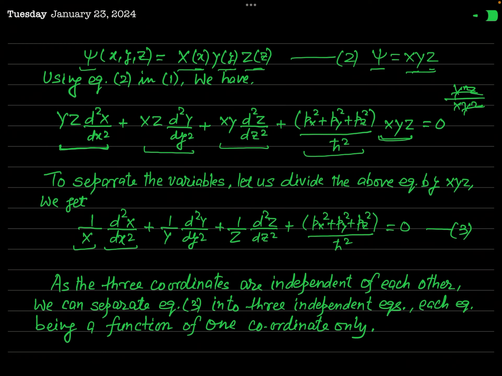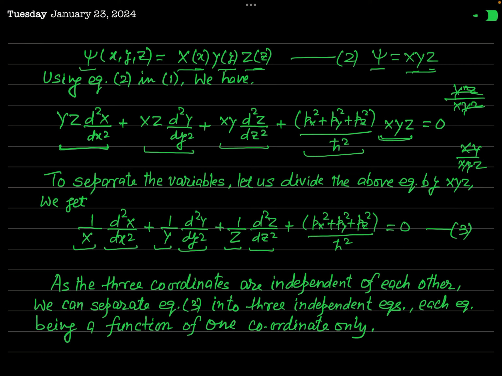Similarly, in the second term XZ cancels out and in the denominator there is only Y, so the second term is (1/Y) d²Y/dy². In the third term XY cancels out and 1 over Z is left, so the third term is (1/Z) d²Z/dz².